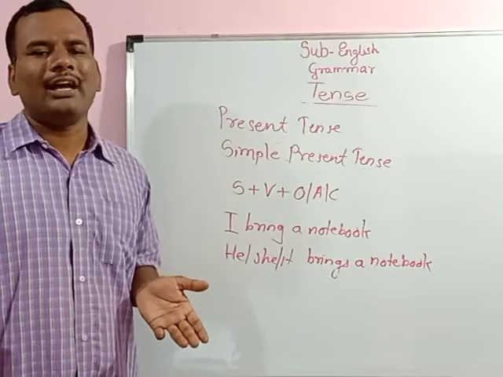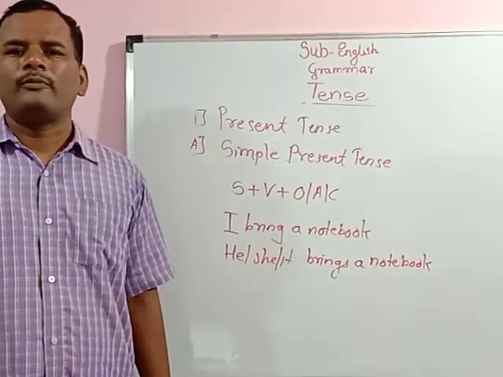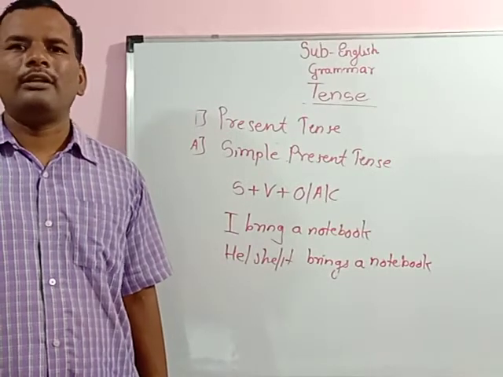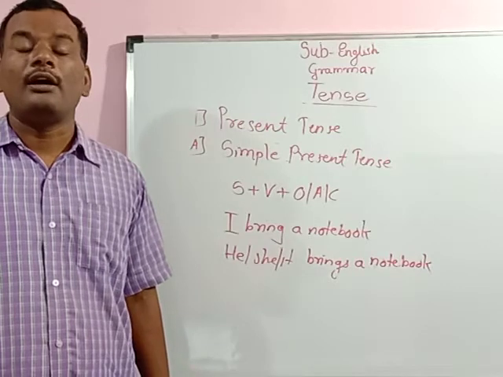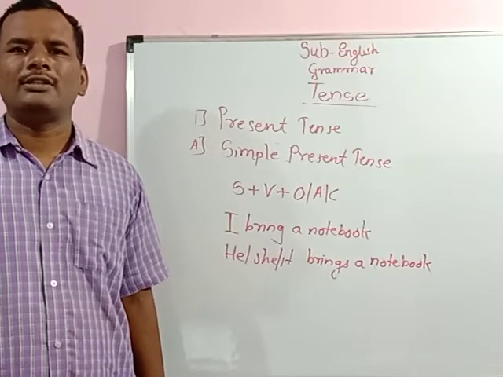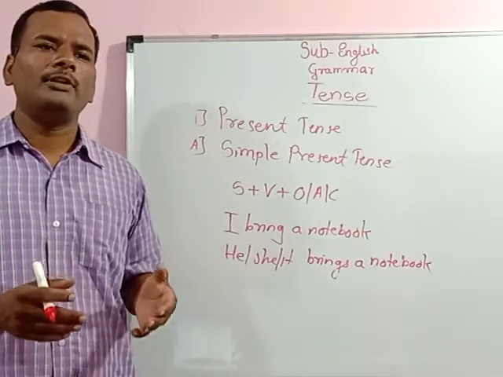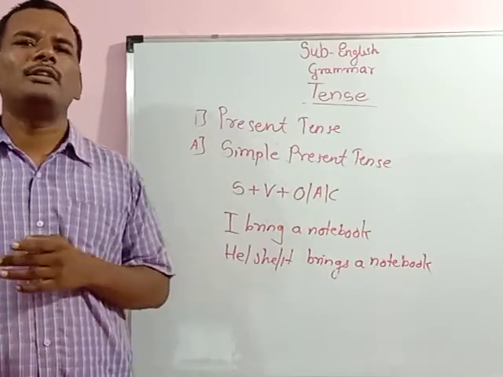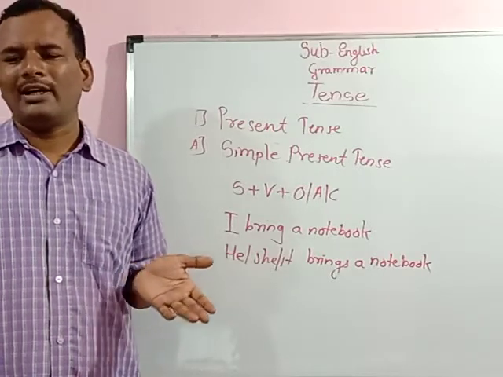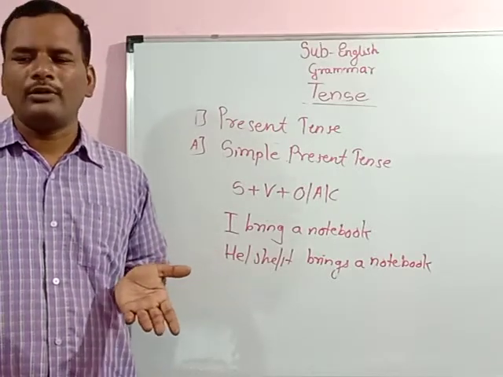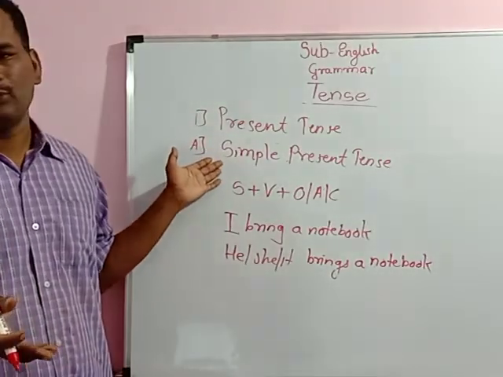Such as the sun, or we can also take a second example: the earth revolves around the sun. The earth was revolving in the past also, today also, and in the future. That's why these are universal truths. So to denote universal truth also, simple present tense is used.